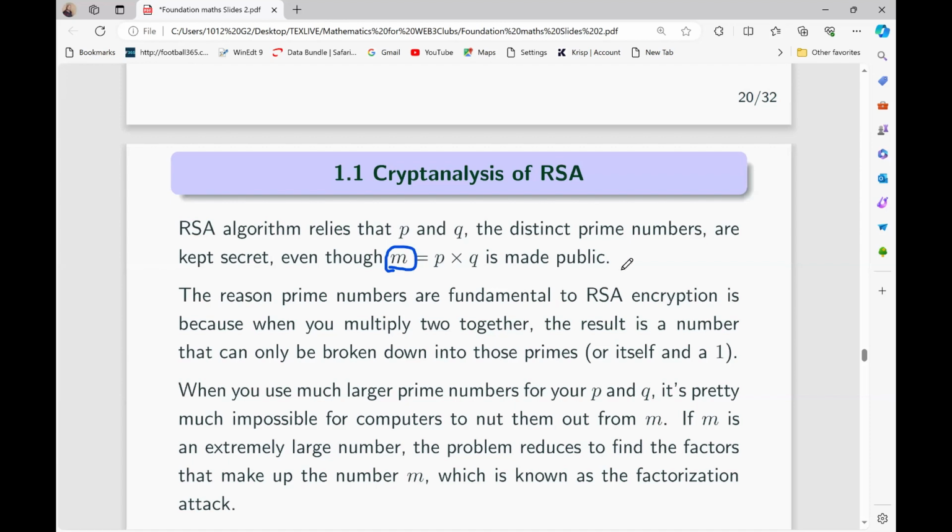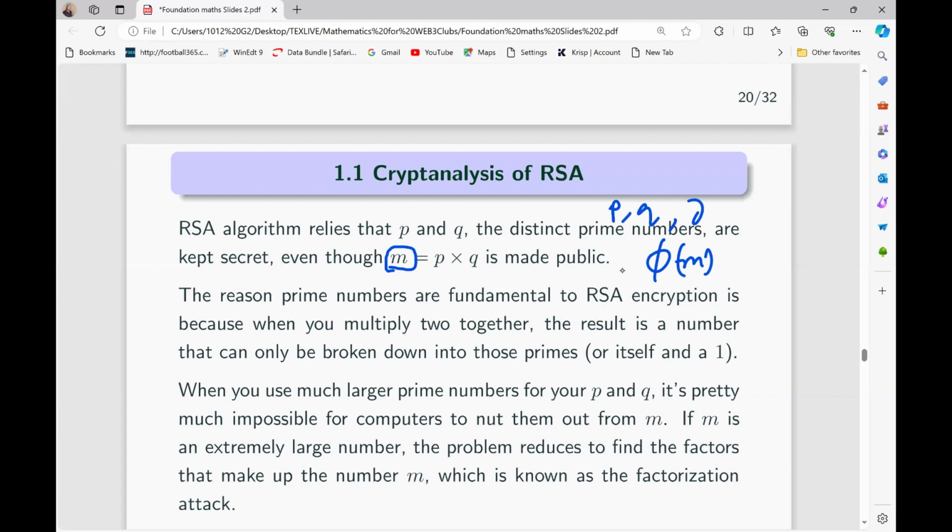You see, we had this public key M, and then we had the phi of M. Then we had P and Q. These were secret, and also D was secret. This D was the key that would be used for decrypting.